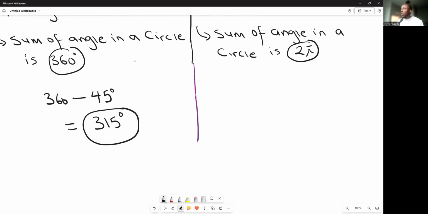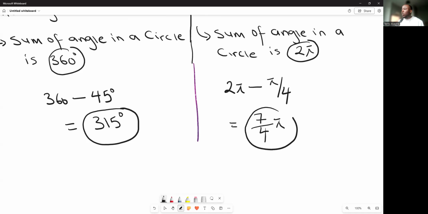While for this, it becomes 2 pi minus pi over 4, which gives us 7 over 4 pi. So this is what we're going to use to solve. This gives us 7 over 4 pi, while this is 315.